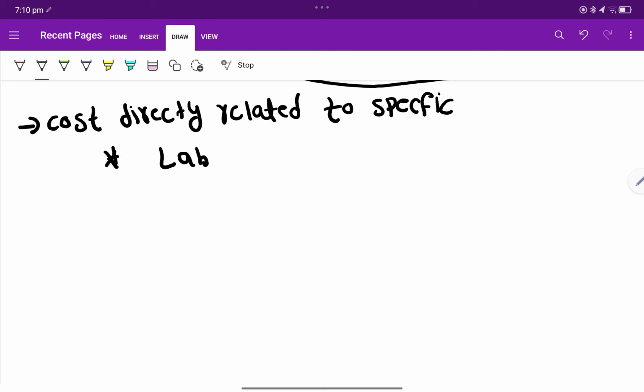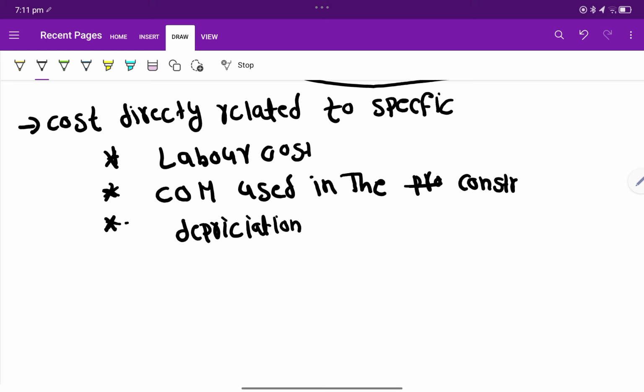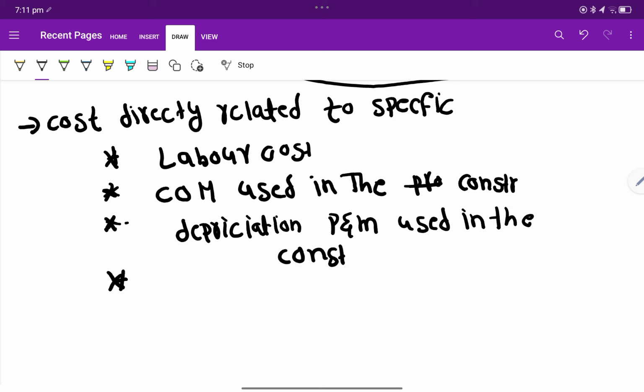Labor cost, next one is cost of materials used in the construction, and next example is depreciation of the plant and machinery used in the contract. Next one is the cost for hiring of plant and machinery.